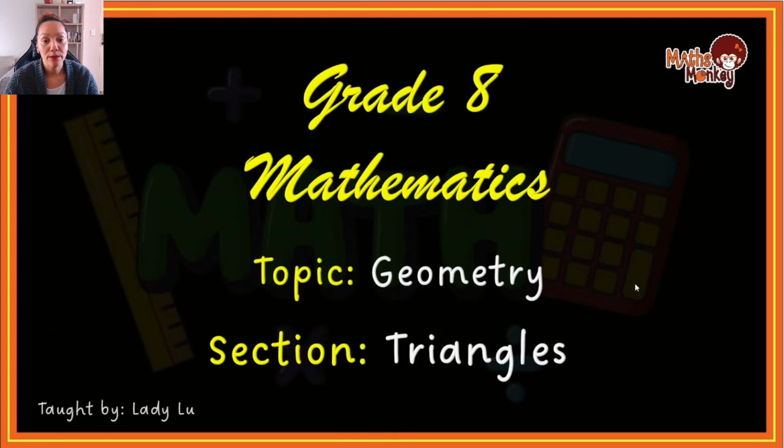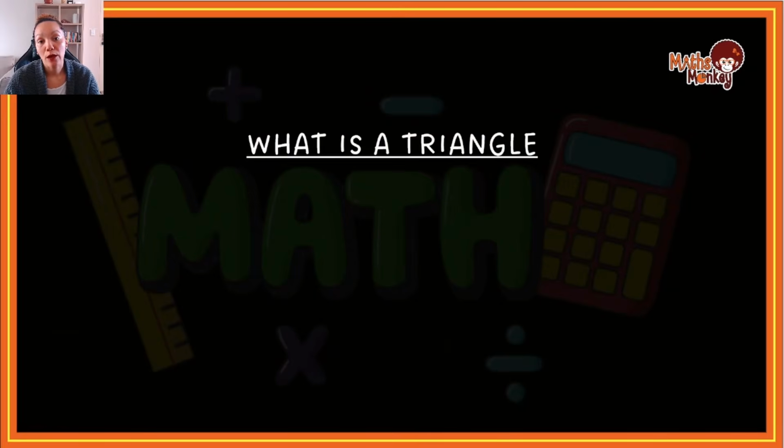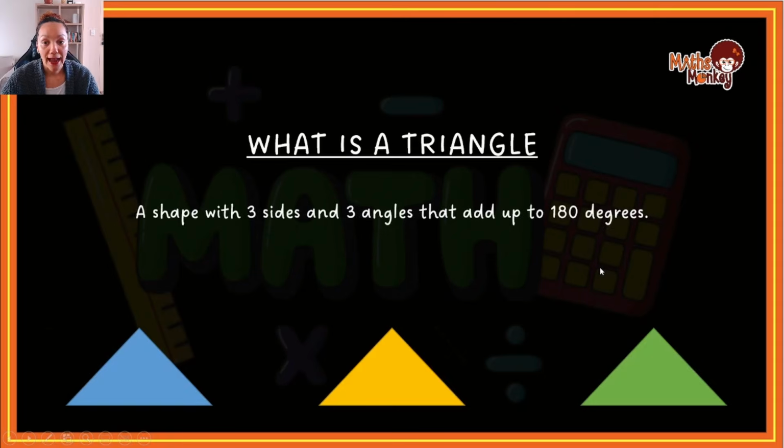Okay, so I am teaching you about triangles, and I always like to start and make sure that we are all on the same level and that we're all clear what we are talking about in this lesson. So what is a triangle? I'm pretty sure you all know this by now, but I just want to clarify. A triangle is a shape that has three sides and three angles, and those angles add up to 180 degrees.